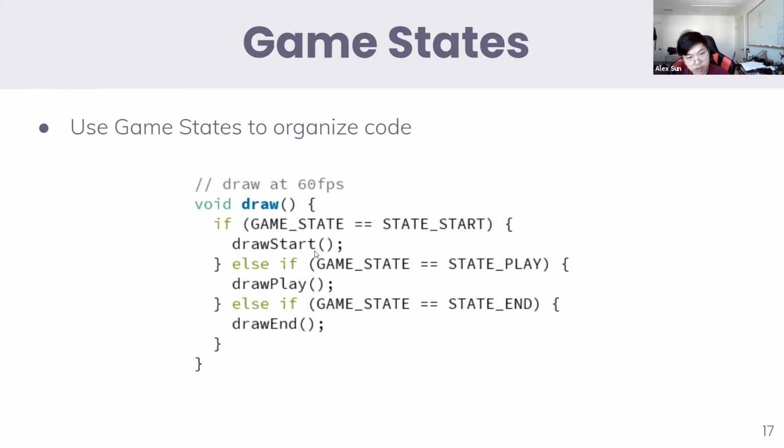And same thing if it's equal to the play state, you could do drawPlay. And with the end state, you could do drawEnd. This is just a way to make your code really easy to read and really simple, and it also makes it so that you always know what is going on at the correct game state. That's something you'll have to do for your program as well.